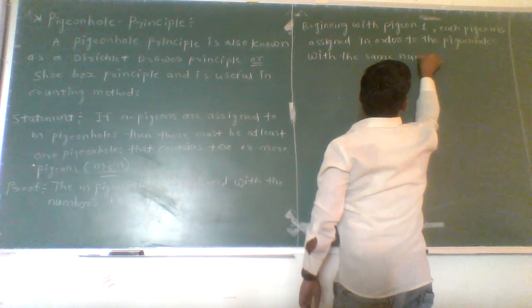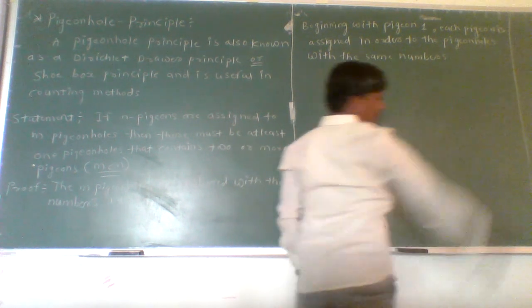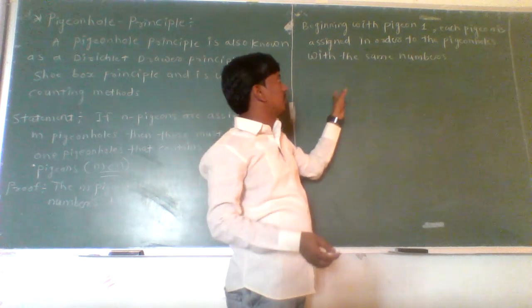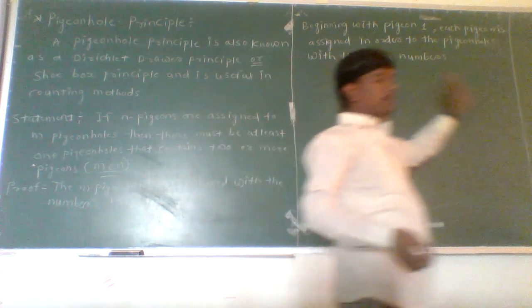That is, first we give the numbering of the pigeonholes. After that, the pigeons are also numbered from 1 to n, and the corresponding pigeons are put into these m pigeonholes.